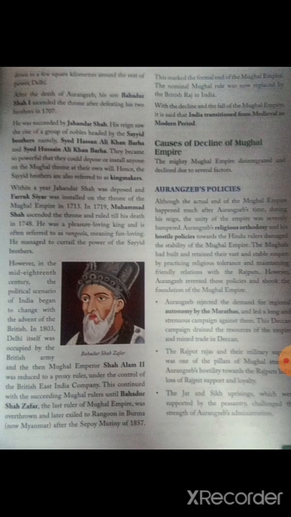So these two put together were known as the Sayyid brothers, very important, and they became so powerful that they could dispose or install anyone on the Mughal throne at their own will. That is, as they wished, they could do it.